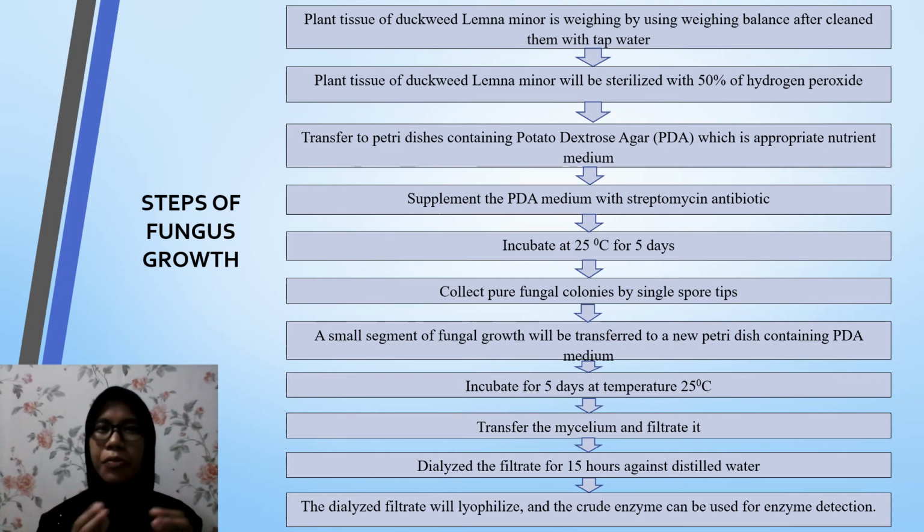For example, for the enzymatic fungus amylase, we will take the reaction on the starch medium. We will inoculate it on the starch medium and incubate for a few hours, and we will look at the clearance spot or any reactions that occur after the incubation.